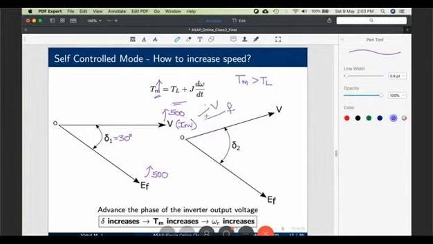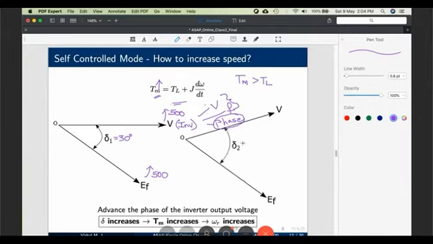There is one third important parameter which an inverter can control, which is the phase of the output with respect to a reference. We were using only the first two parameters in true synchronous mode, whereas we will be using this parameter in self-controlled mode. With respect to EF, I increase delta too.